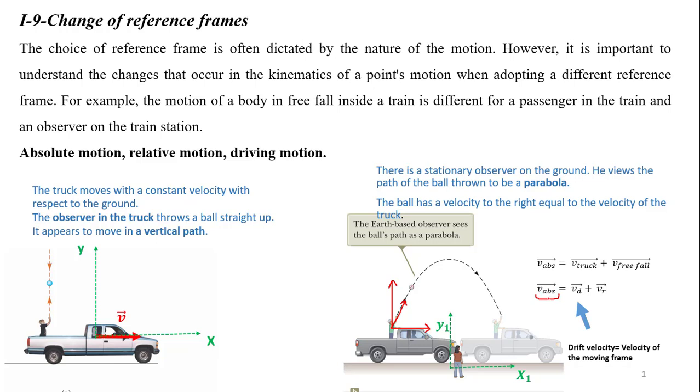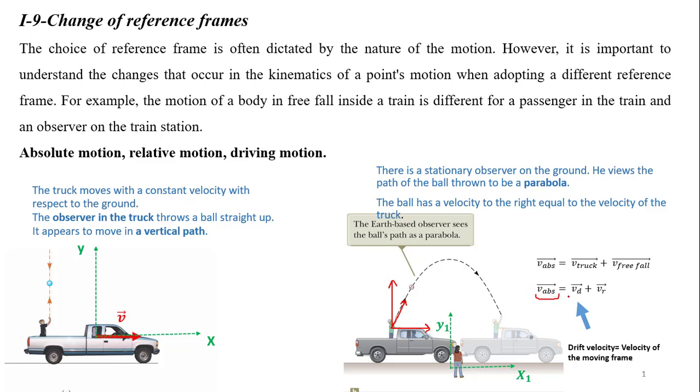V absolute means the velocity of the ball with respect to a stationary observer. The absolute motion is being observed by a stationary observer, or it's seen by an observer at rest.